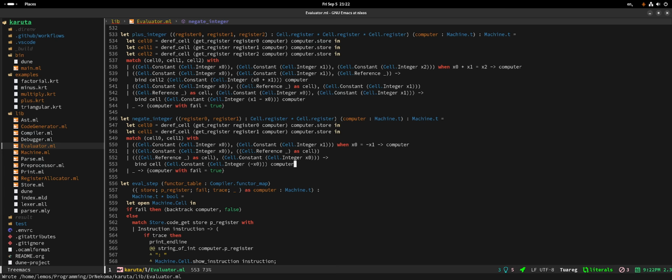Are we gonna make the minus as a standard library in Karuta, or do we do the minus using plus integer and negate integer in here? That's a good question.